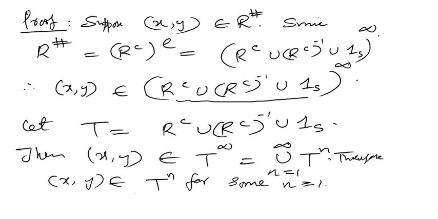For some n greater or equal to 1. So thus we can find n elements, or rather n minus 1, I think. If it is T square, suppose, then we can find... so how do I write it?